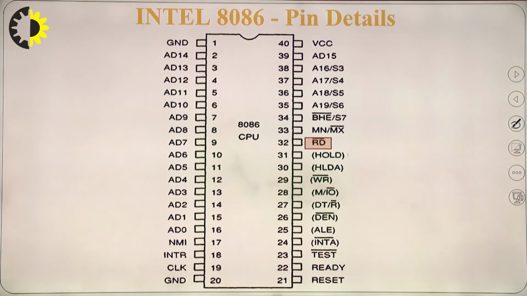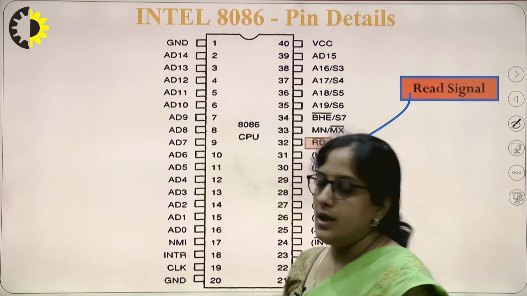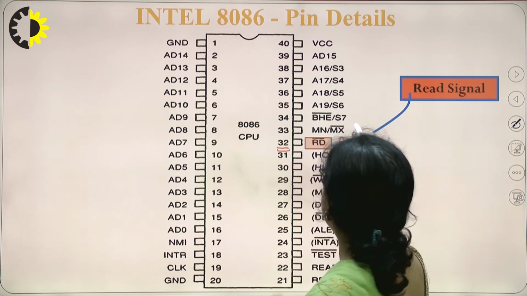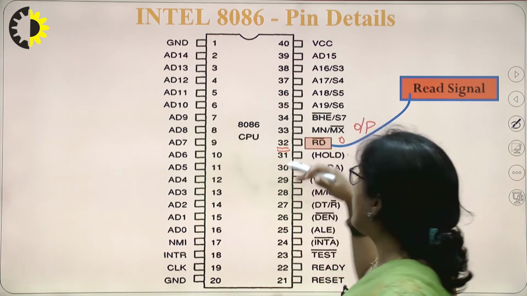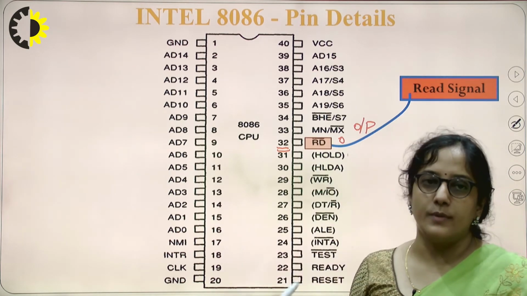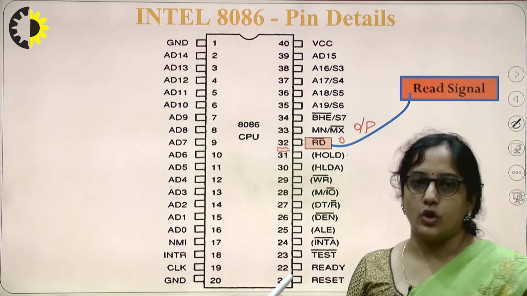Now, some control signals. Read bar, that is an active low signal. Whenever the microprocessor is performing a read operation, this pin 32 is active low, as 0, this is an output pin. So 0 here indicates that the microprocessor is performing a read either from memory or from input output devices.